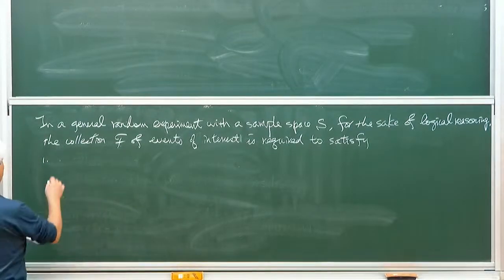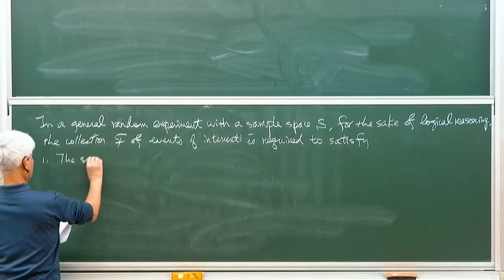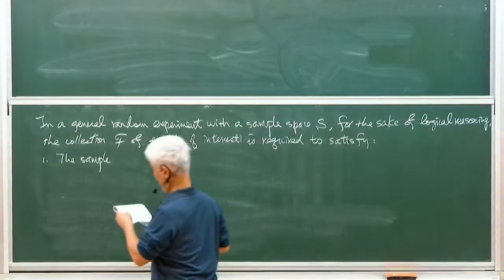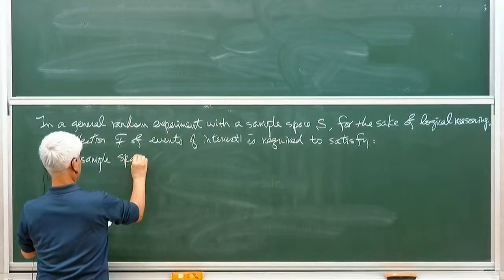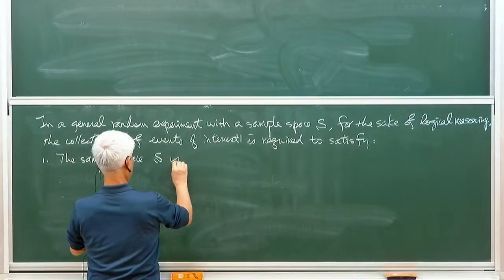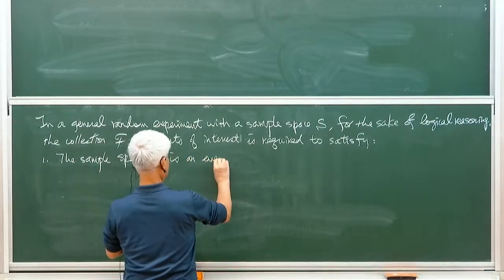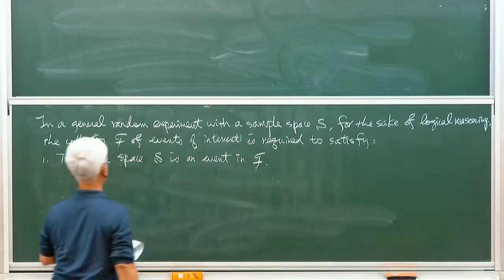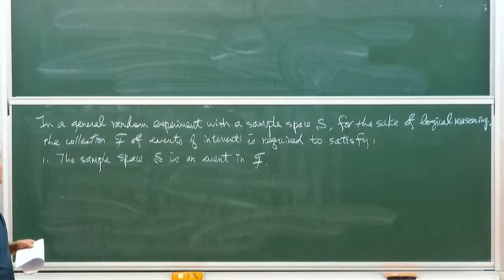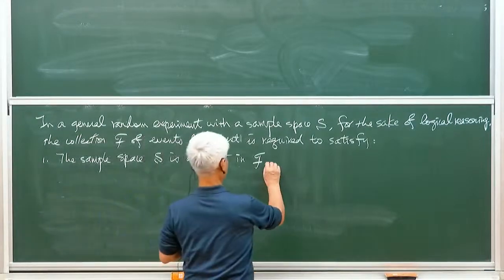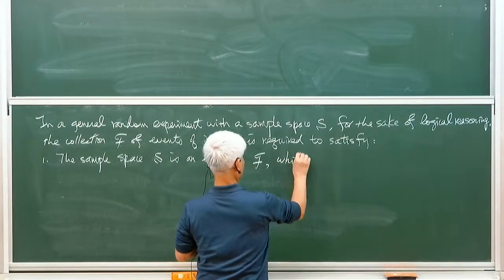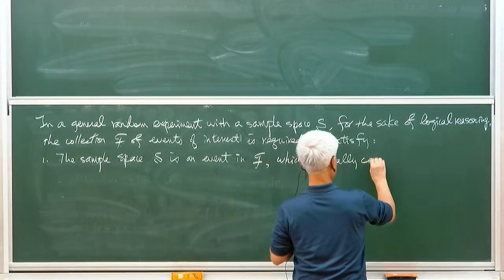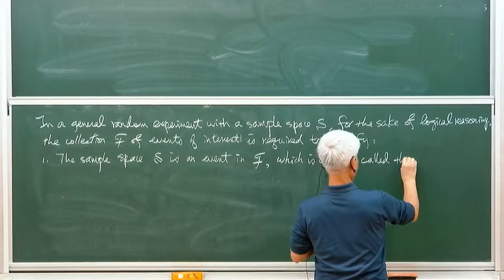three properties. First one, the sample space X is an event in F. Right. And which is usually called the total event.